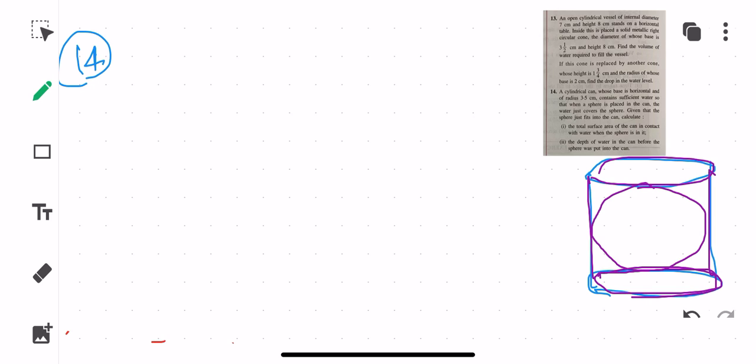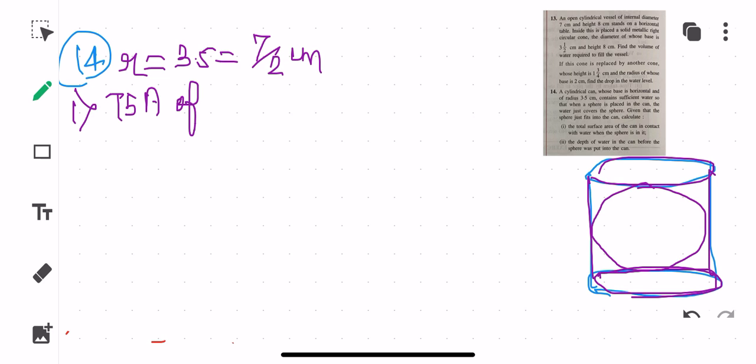So here what you will be writing, what is the radius that has been given? Radius is equal to 3.5, which in turn will be equal to 7/2 centimeter. Since it contains sufficient water, this particular radius will be for both the cylinder as well as for the sphere. Then for the first sub question, you will be writing TSA of the can when sphere is immersed.